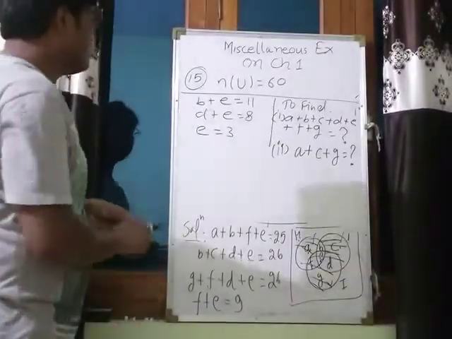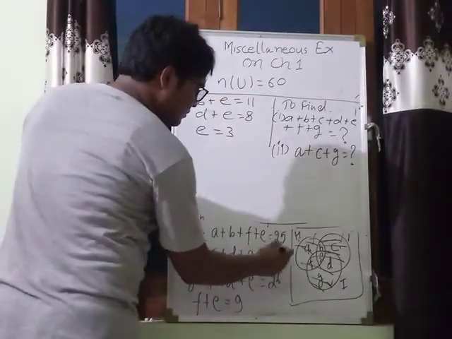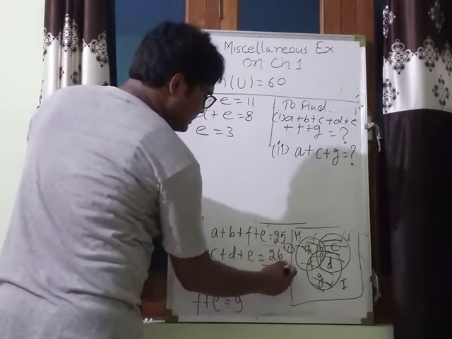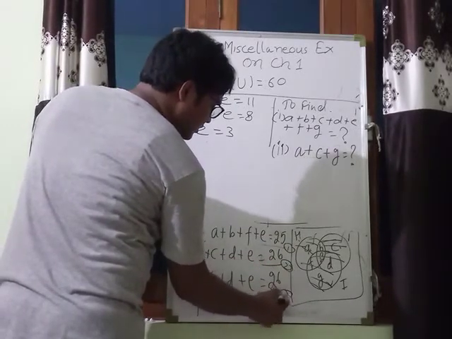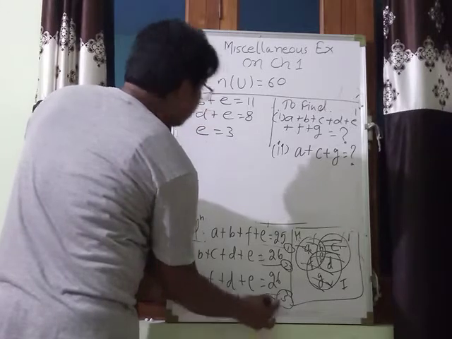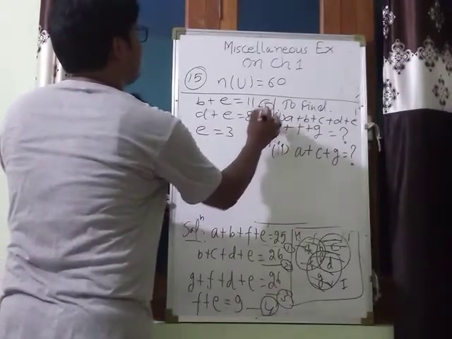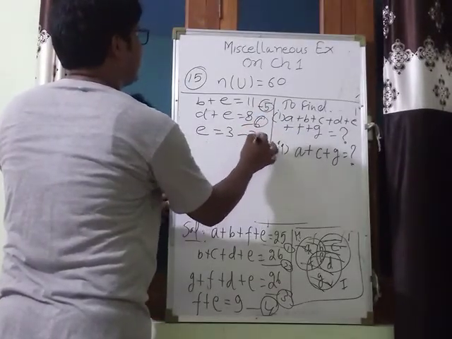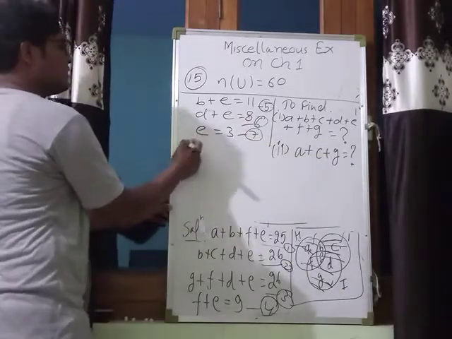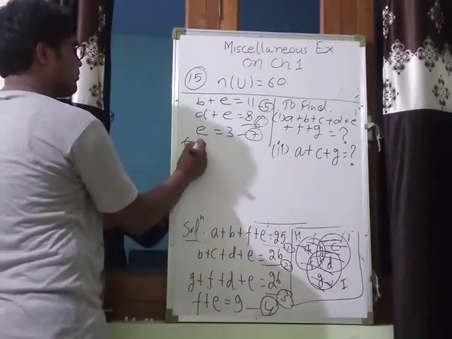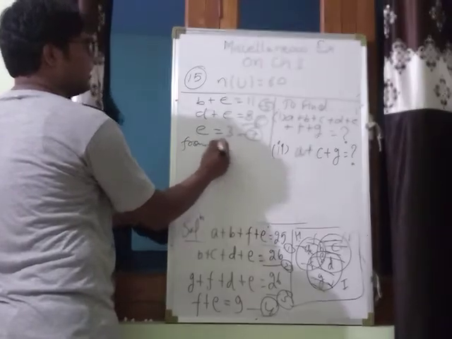Look at the blackboard, everyone. Suppose this is first, that is second, third, fourth, fifth, sixth and seventh. Now from sixth, what will we get?